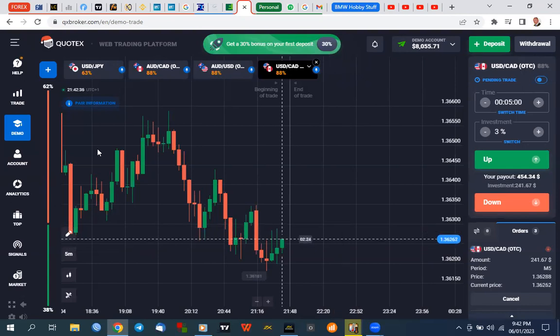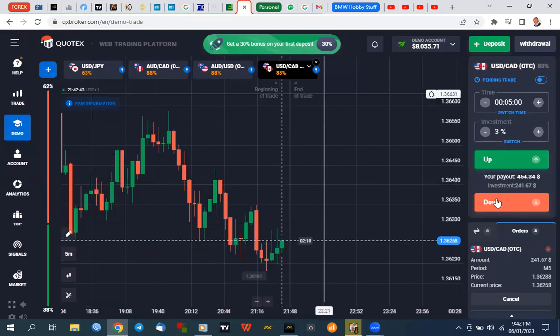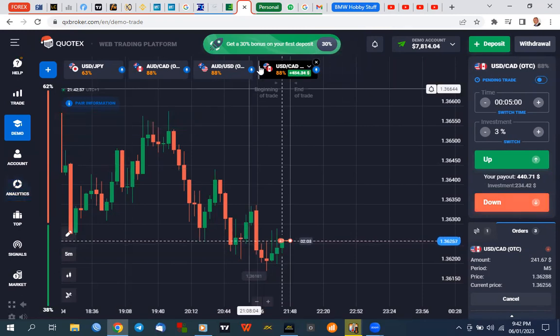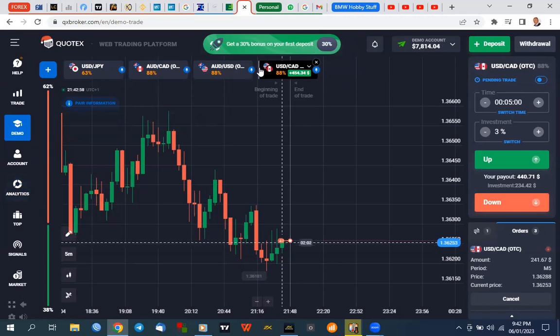There are a couple of things I also want to point out, something I observed just today. For instance, let me just take a sell trade. I just click sell. Now, if you look at the left side, this is the currency being traded right now.